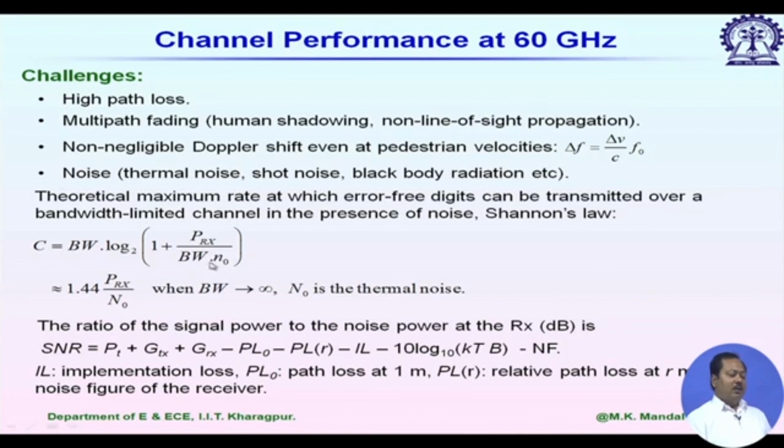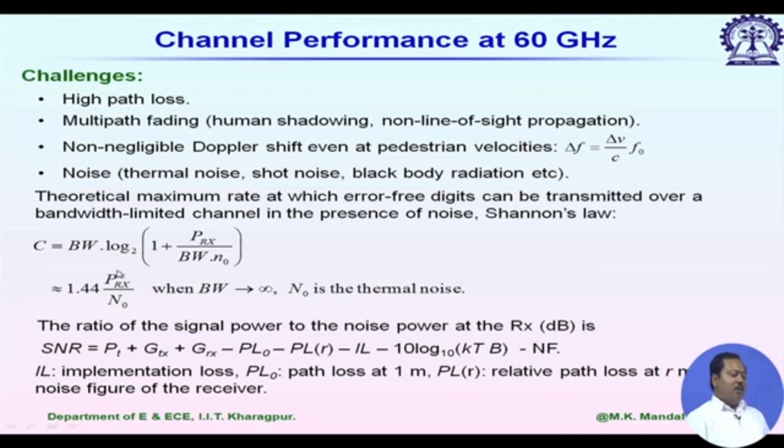N naught is the noise per hertz. So, the total received noise is the bandwidth multiplied by the small n naught value. So, approximately it is equal to 1.44 times the received power divided by the total received noise power. Here we are considering only the effect of thermal noise, so n naught represents thermal noise.